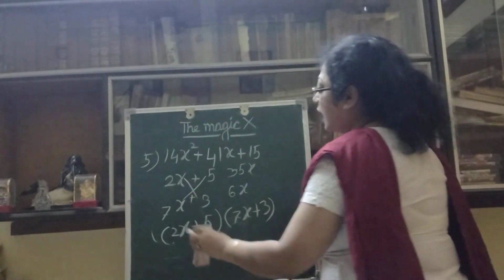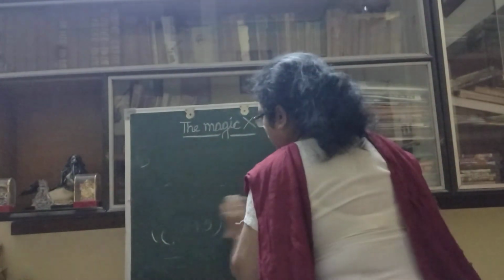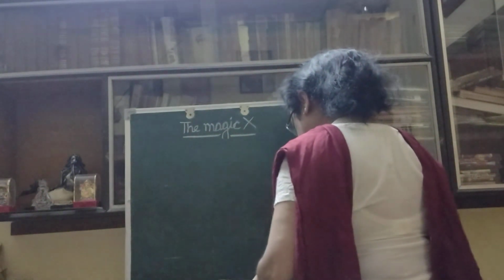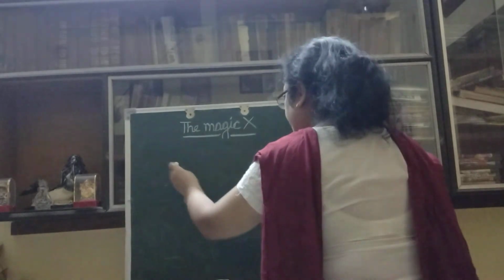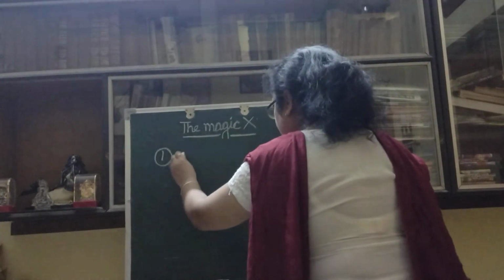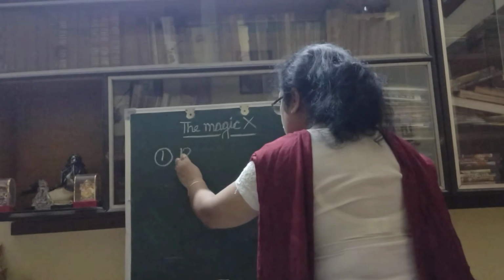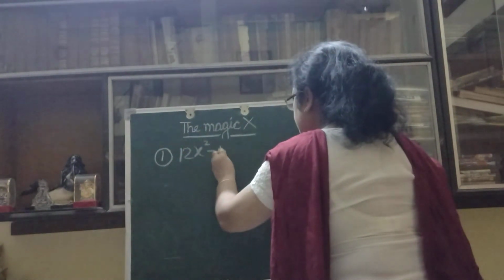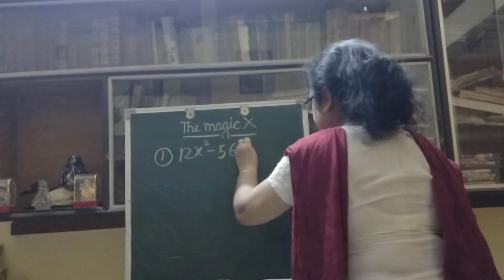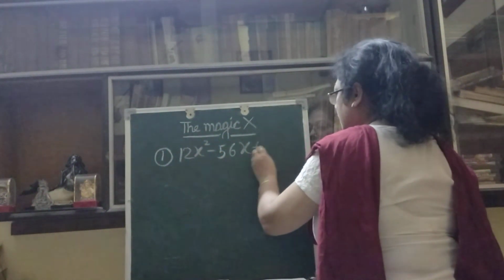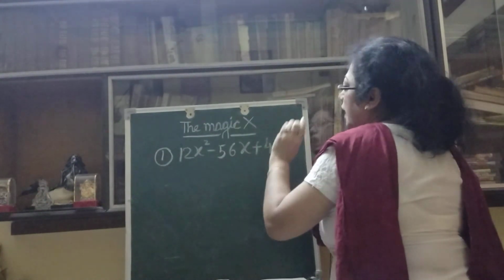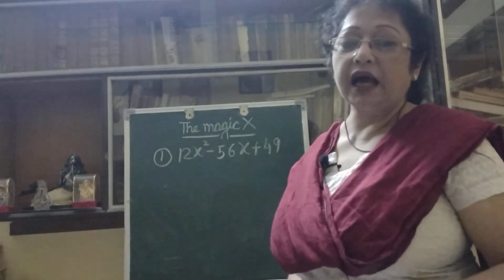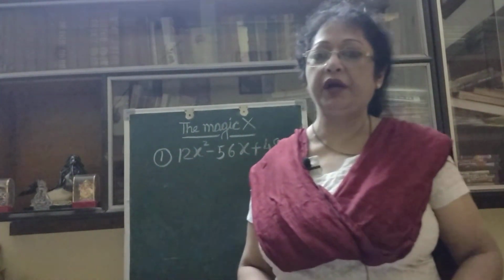Now I will give you one sum that you will do. That is 12x square minus 56x plus 49. Apply the trick magic cross and do this and write down the answer in your comment box.